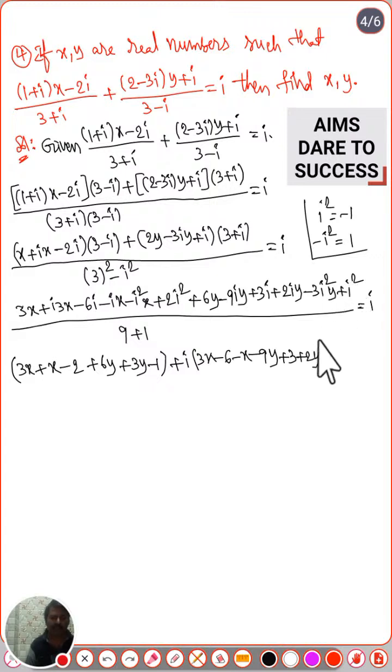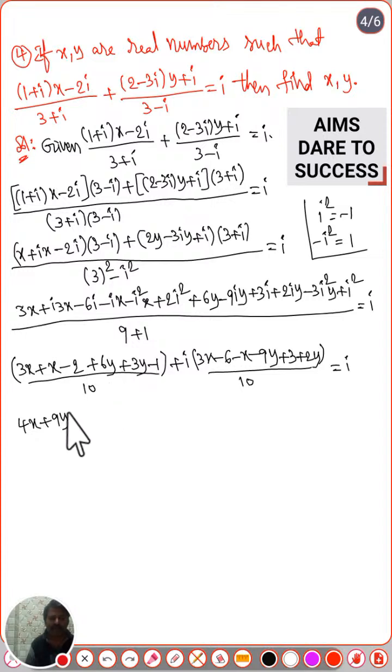Okay, done, completed. Divided by 9 plus 1 is 10. So I am splitting real part and imaginary part at a time. So divided by 10, right, for numerator and denominator individually. So 3x plus x is 4x. Next, 3y plus 6y is 9y.